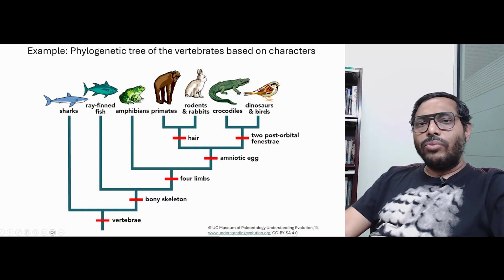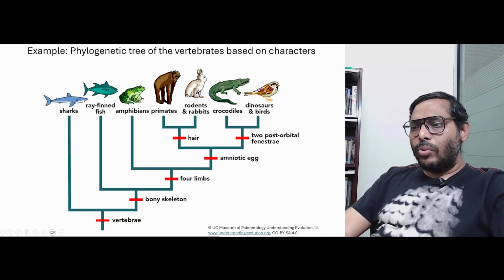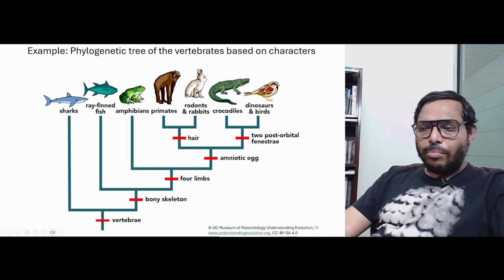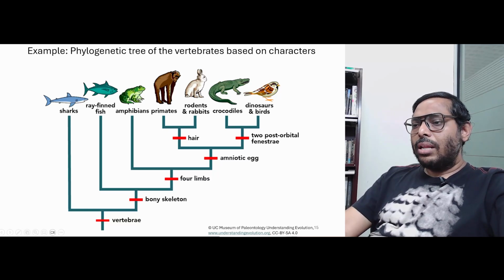Then at some point we develop 4 limbs, that is where you have tetrapods.